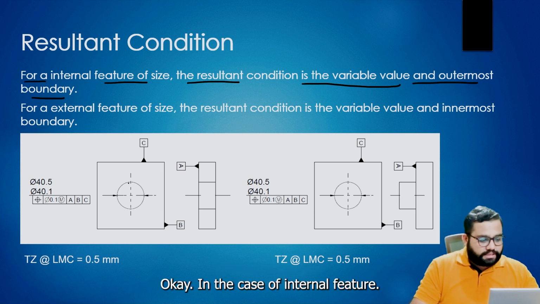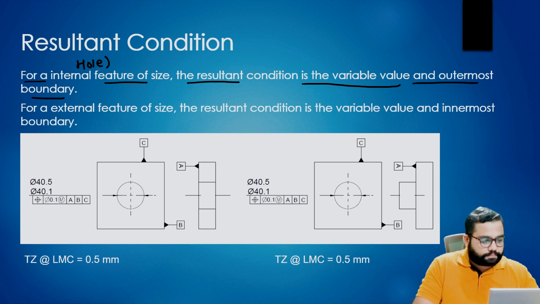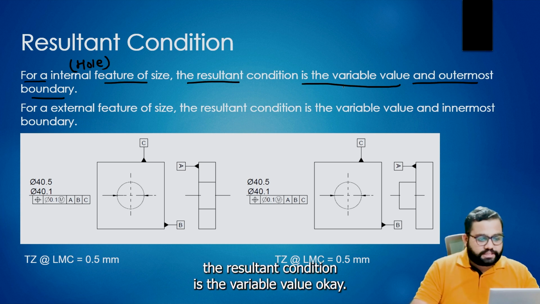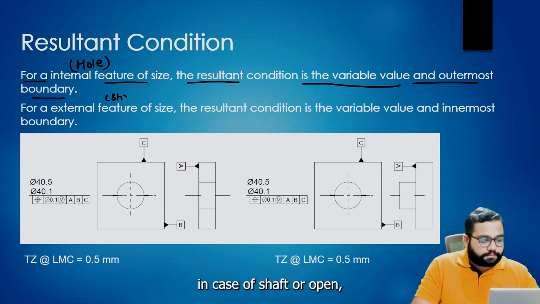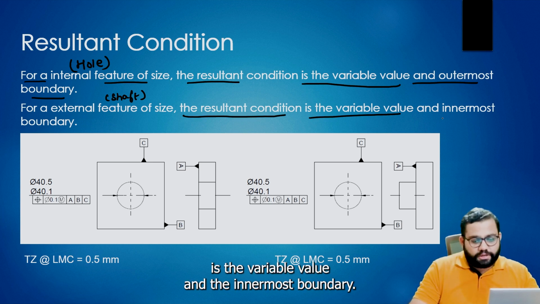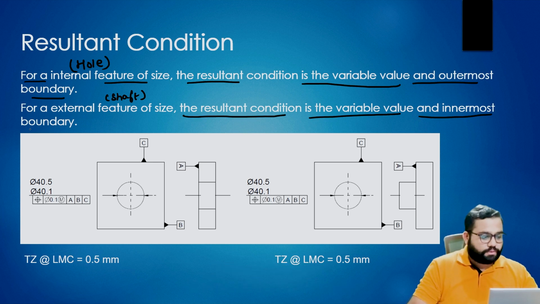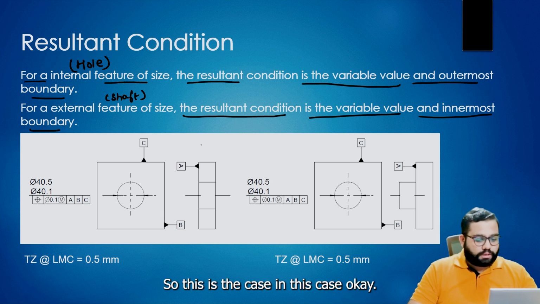For an external feature, in the case of a shaft or pin, the resultant condition is the variable value and the innermost boundary.